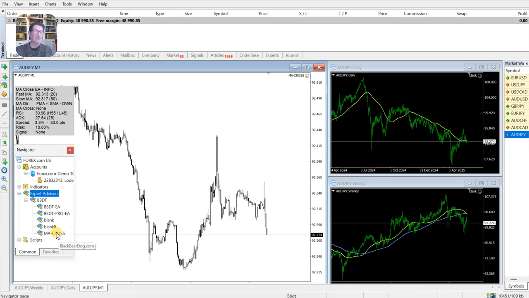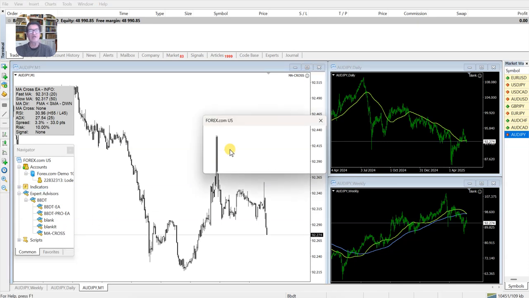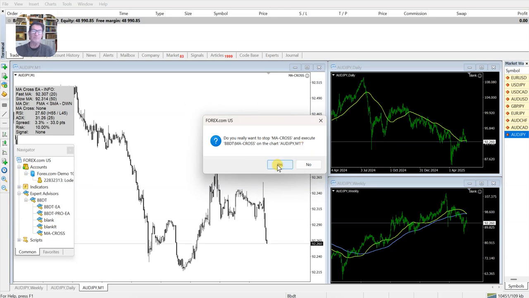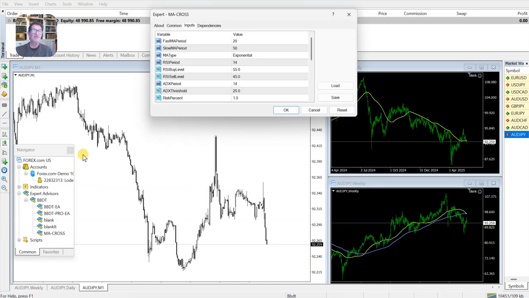I click on just MA Cross and then drag it onto your chart. In this case, it's going to ask me, it's already installed, do I want to stop what I'm doing with the current currency pair? If yes, it will reload it. I'm going to say yes. In your case, that question will not be asked because you don't have anything installed yet, so I'll just say yes at this moment.